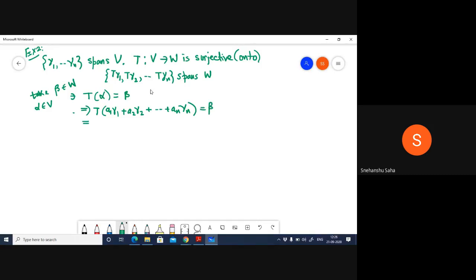Now, we also know that T is a linear transformation, so I can do this. What you now see is that you have this vector beta, which is in W, and that is represented as a combination of T gamma 1, T gamma 2, all the way up to T gamma n. So naturally, T gamma 1, T gamma 2, T gamma n will span the vector space W.